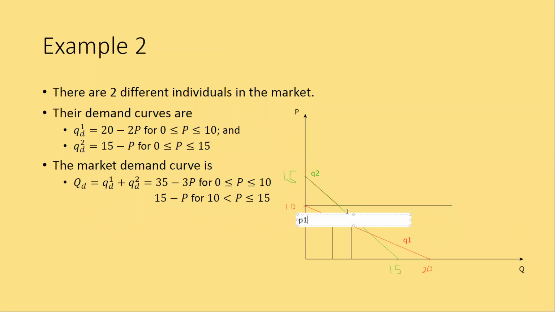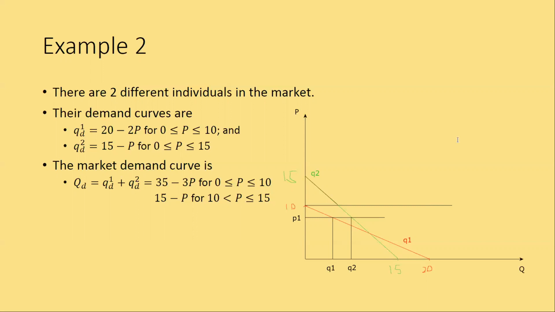Say this is P1. This is Q1. And this is Q2. Now, when price is equal to P1, well, the Q1 is what individual 1 will purchase. Q2 is what individual 2 will purchase. So the total amount of good that the two individuals, which is the entire market, will purchase is going to be Q1 plus Q2.